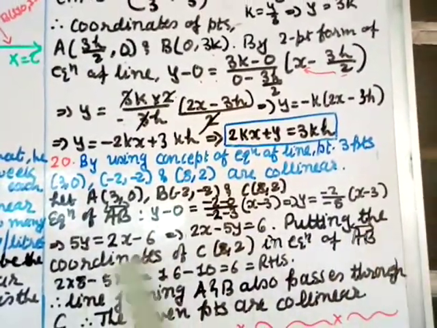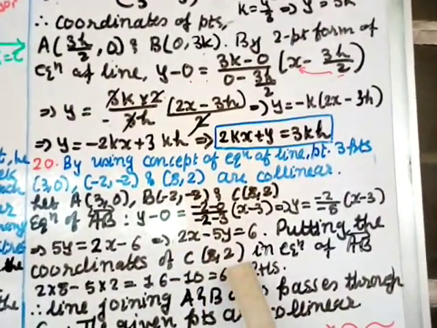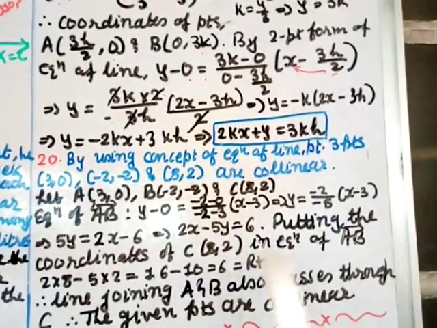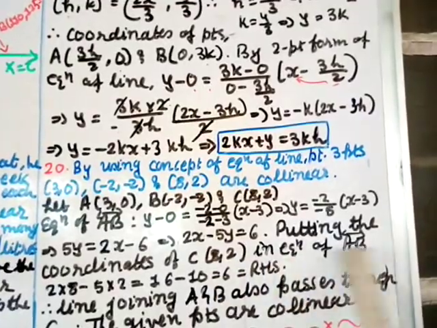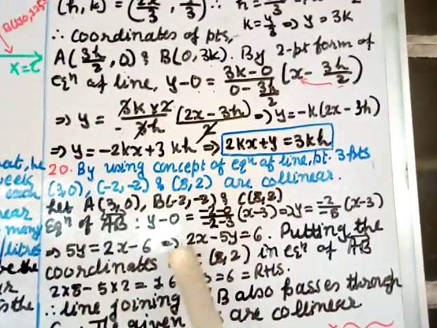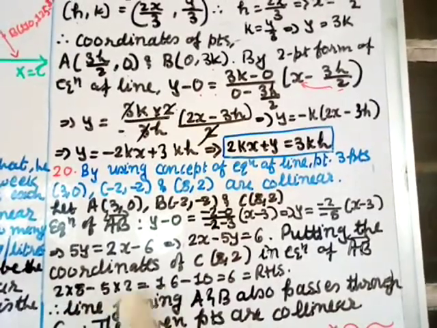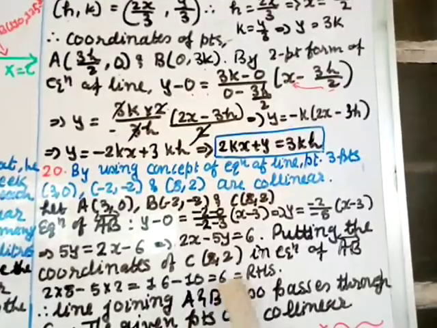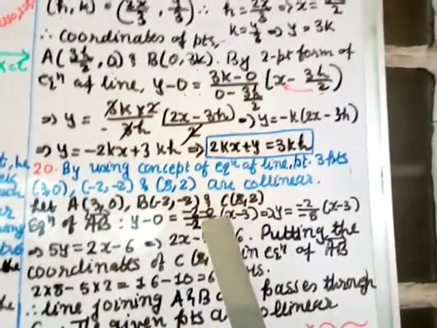Now put the coordinates of the third point, that is C (8, 2), in this equation. Okay, and we show that left hand side equal to right hand side, so let us put here x value as 8 and y value as 2. So I put 2 into 8 minus 5 into 2, which gives you 2 into 8 is 16, 5 into 2 is 10. 16 minus 10 is 6, and this 6 is your right hand side, so we can say that this point also lies on the same line.